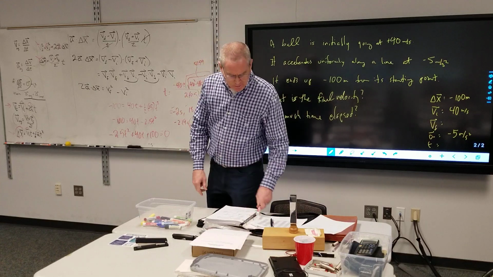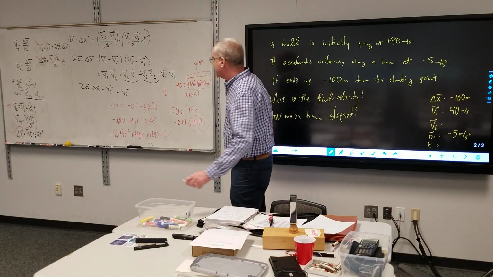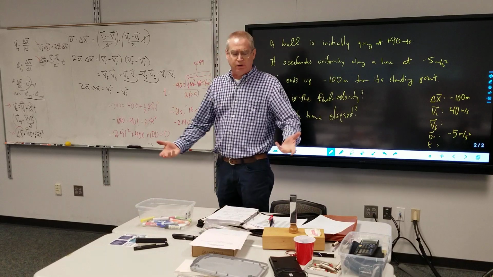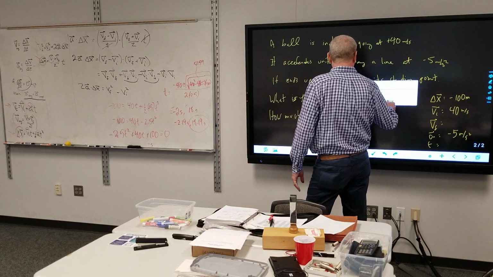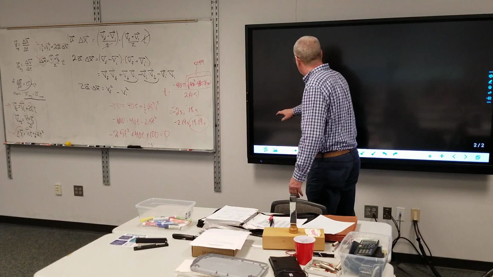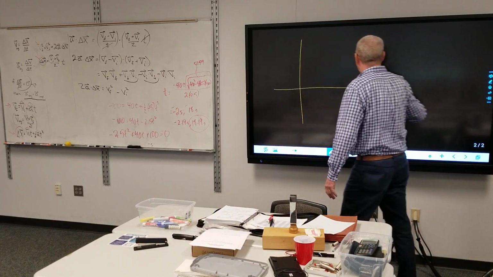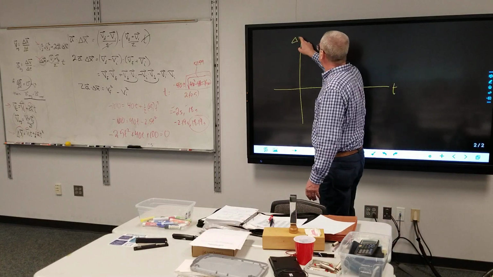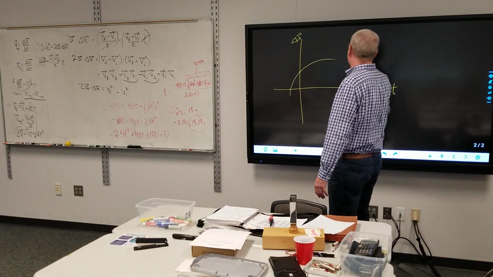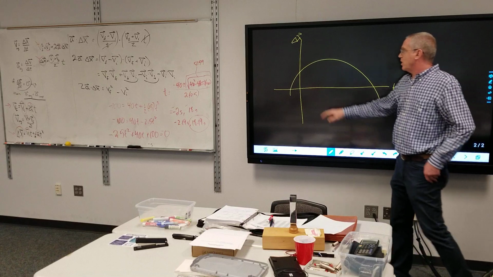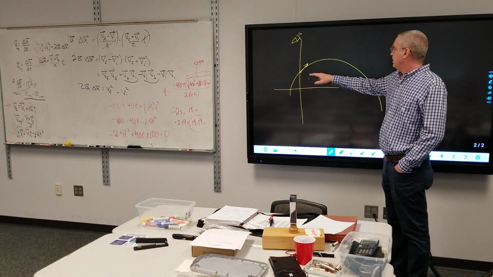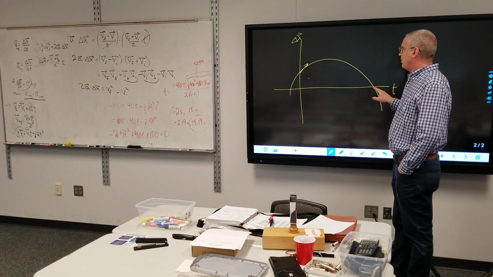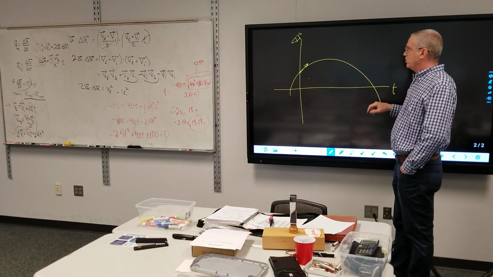What's happening here mathematically is when you go to solve the quadratic, it thinks you're trying to solve a parabola. I had a time versus displacement graph. It's looking at that. You start out going in the positive direction, the slope there would be 40 meters per second. You turn around, come back, and you end up 100 meters back from where you started.